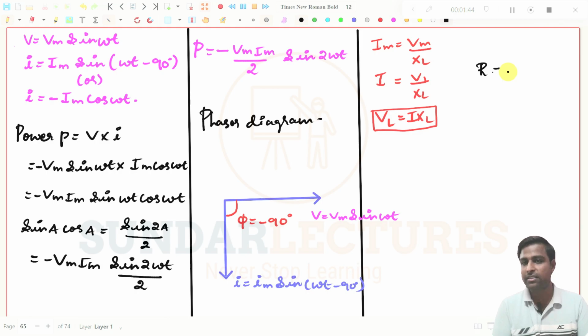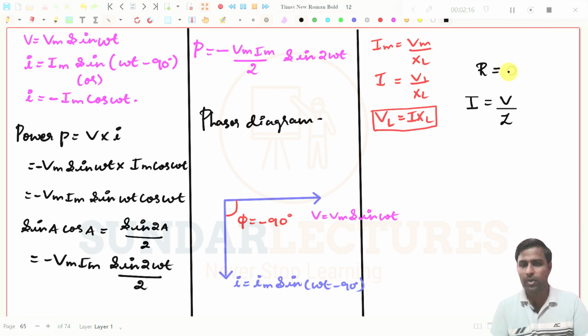Try to understand: if R is equal to 0, we know that I is equal to V by Z. We commonly say Z, not the resistor and the inductive reactance separately, unless it is a separate circuit. Anyhow, we commonly say it is Z, not XL.